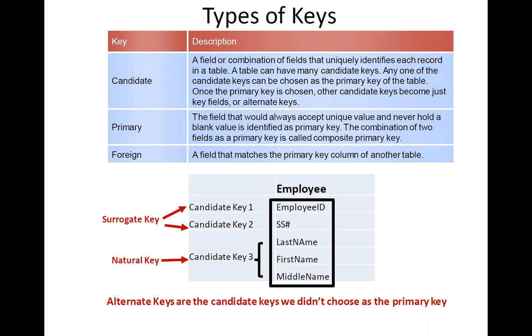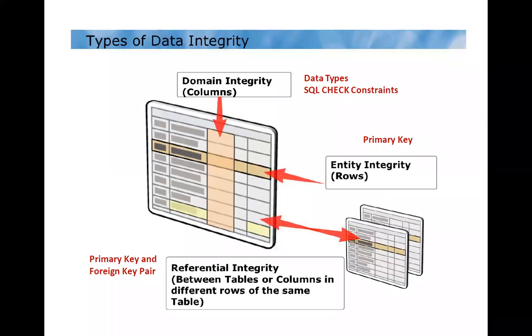So keep this in mind. There are two types of keys, surrogate key versus natural key, and this is one way to classify keys. Very often, a surrogate key is used in the industry for an entity. So we will continue on.